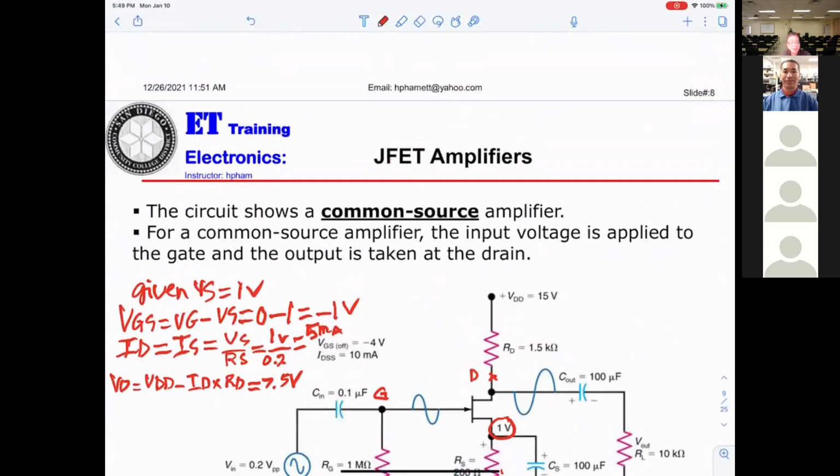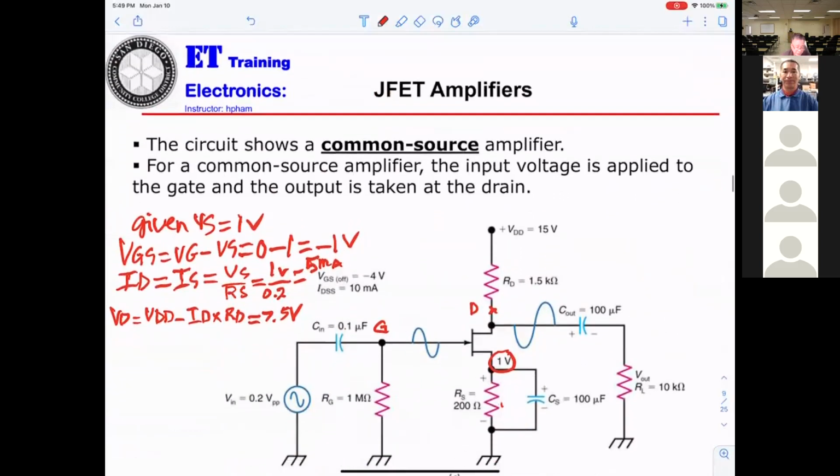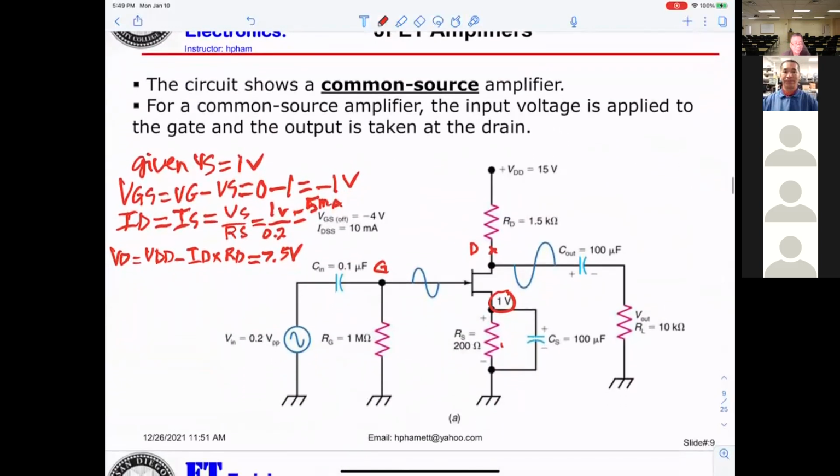What I expect is that when you look at the amplifier circuitry, you're able to tell me what configuration the amplifier is: common source, common drain, or common gate.